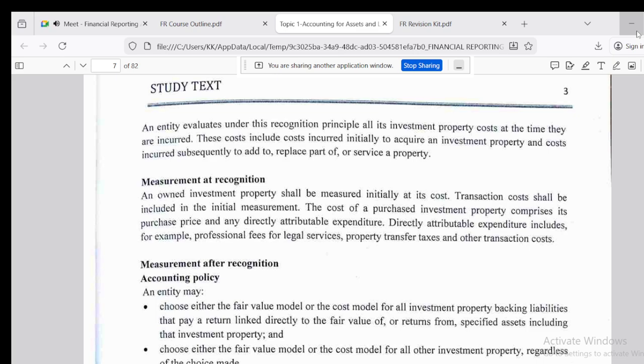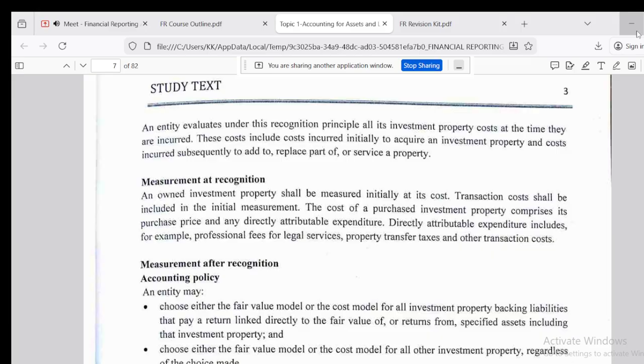There is some fee that these people usually charge when you want to transfer a parcel of land. There's a specific fee they charge. They charge very many things, and all these fees are the so-called professional fees.